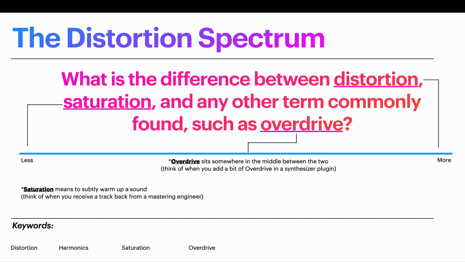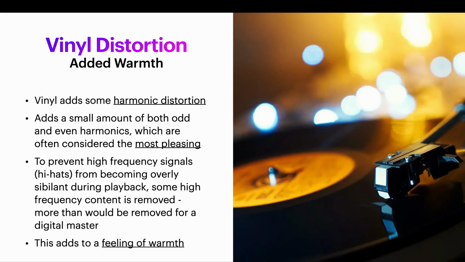Saturation will sit at the lower end of this. So if you don't want to distort your sound too much, but you want that warm overtone sound, you're going to use saturation. And on top of this, you also now have distortion. Distortion is what you hear within a lot of rock music, for example.